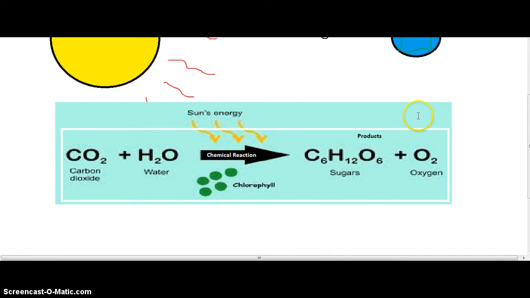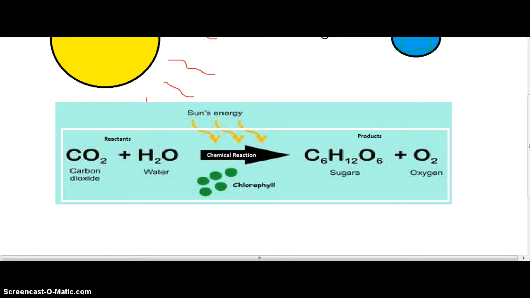Keep that in mind. So if the arrow is pointing to products, then the other side is your reactants. It doesn't matter which way the arrow is pointing. The arrow will always point to products. Okay, so hopefully I've emphasized that enough.